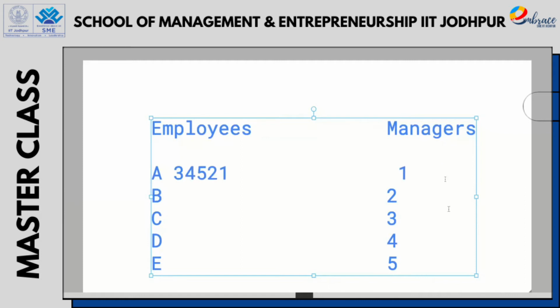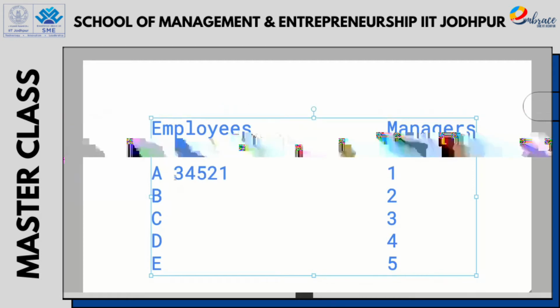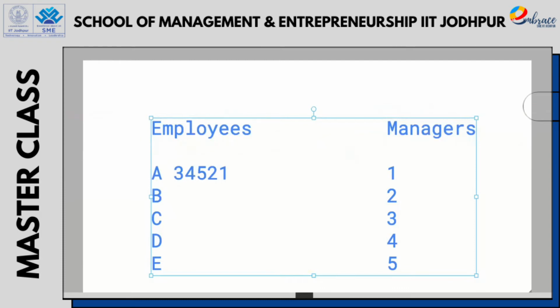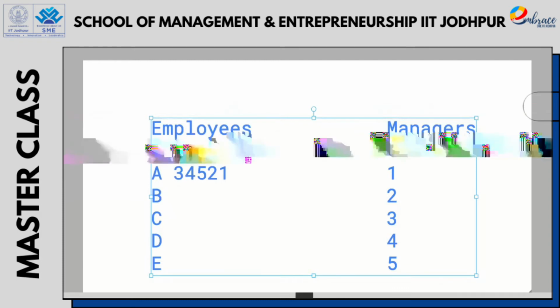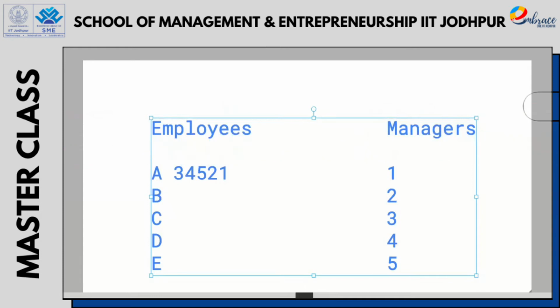We are allocating this randomly right now, but this is a fixed preference that employee A has. When asked to rank the 5 managers in order of preference, employee A said that, given an opportunity, my first preference would be to work with manager 3, then 4, 5 and 2, and the least preferred for me is manager 1.